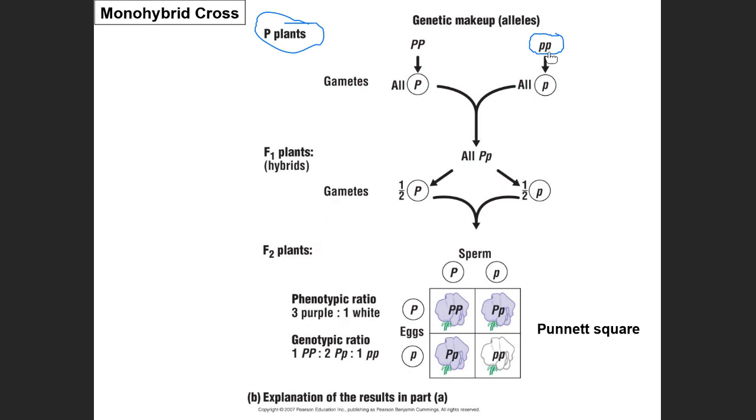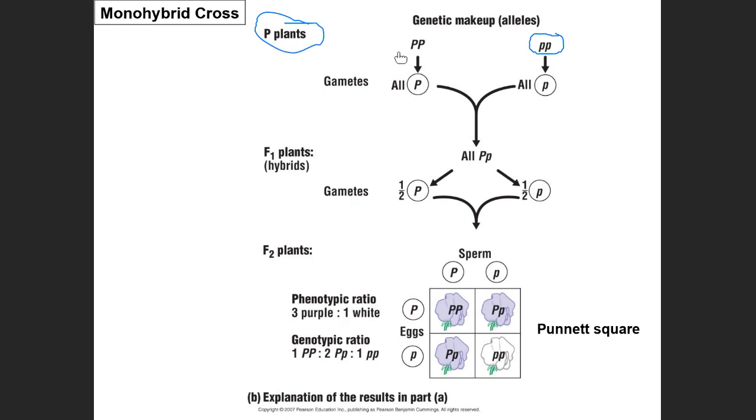But since on its homologous pair of chromosomes it was only carrying the recessive allele, it didn't matter how many gametes this true breed produced. The true breed would produce gametes that are always carrying a chromosome with the recessive allele.